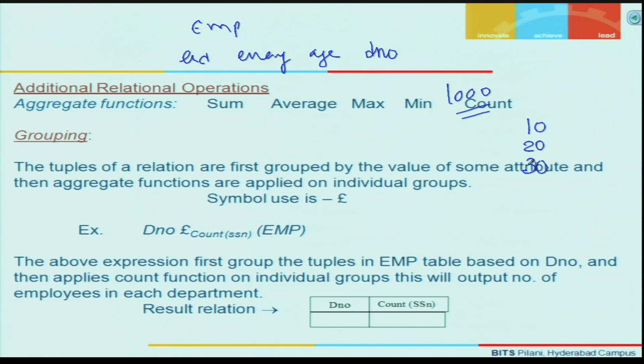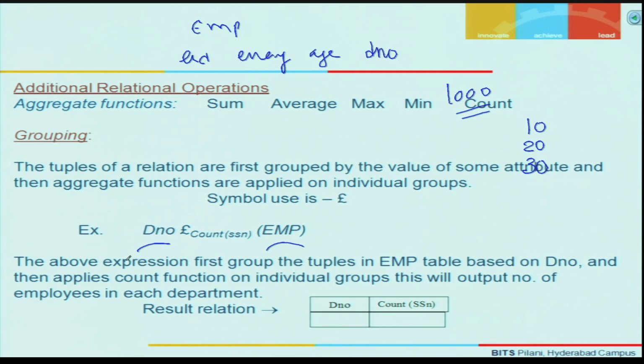In that specific case, I can always use the group by operation. I will take this employee relation and group the tuples based on DNO; the tuples which have the same value under the DNO column will be put into one single group.